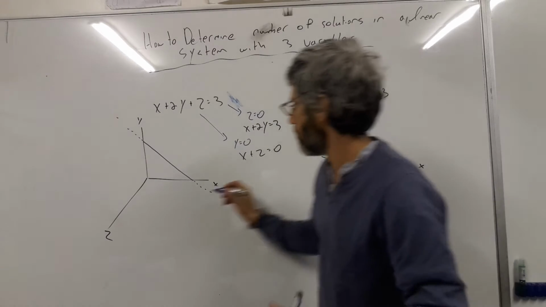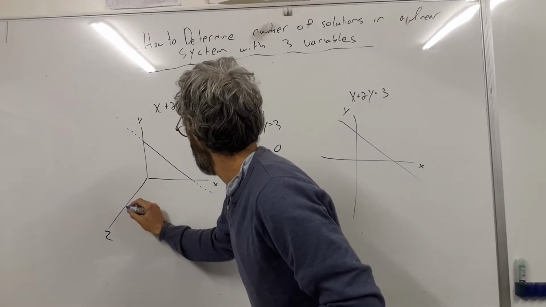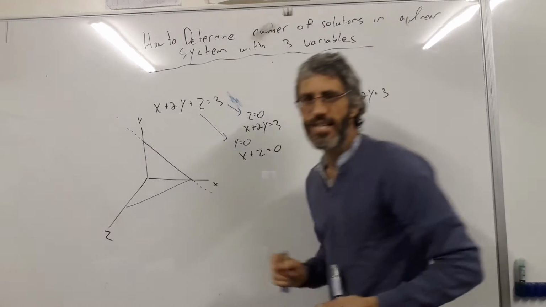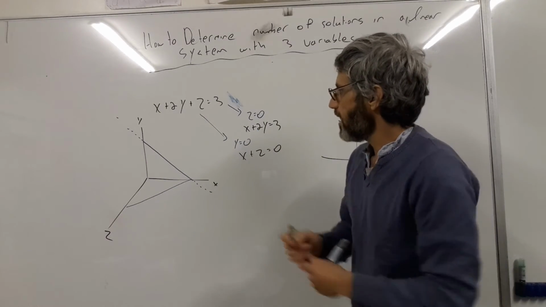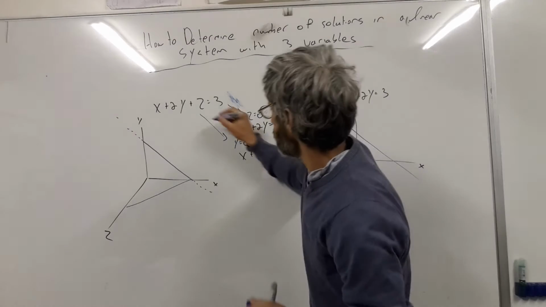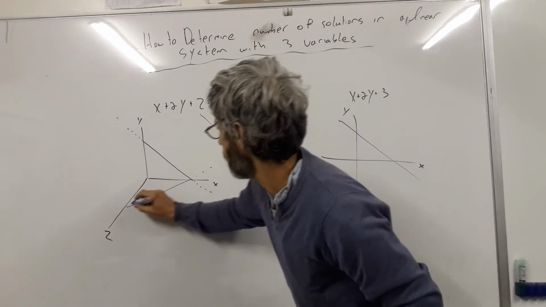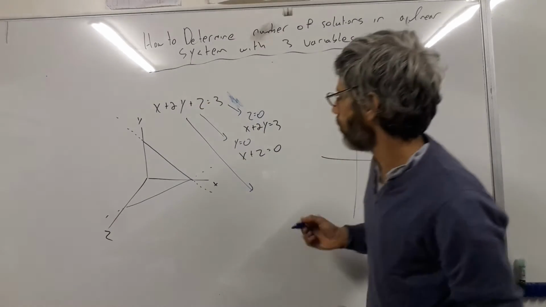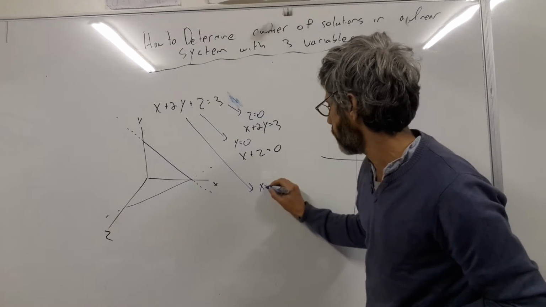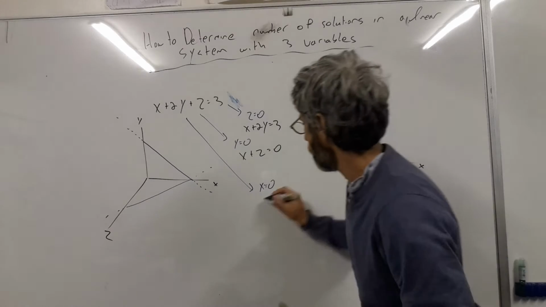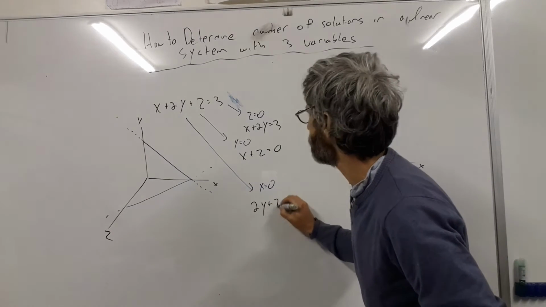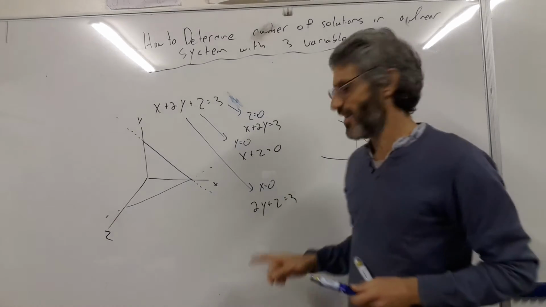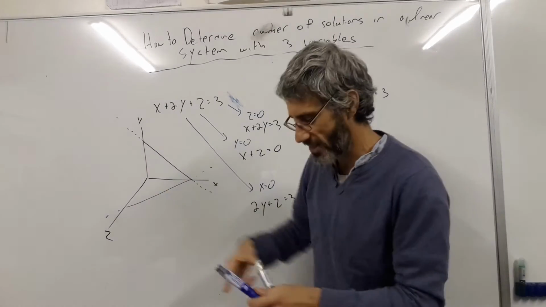So it's also going to be a little line going down, and again it carries on. Now, one last thing, you know what I'm going to make 0? I'm going to make x equal 0. In this case, I've got 2y plus z equal 3. And that is another straight line, but now on the yz plane.